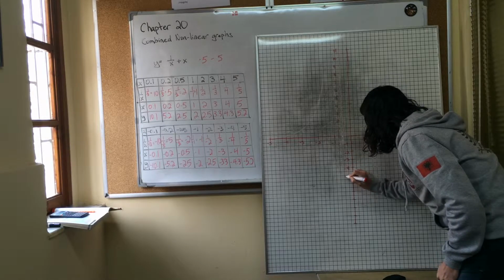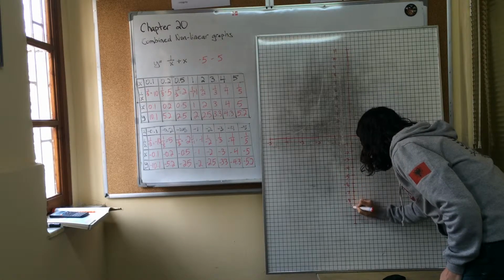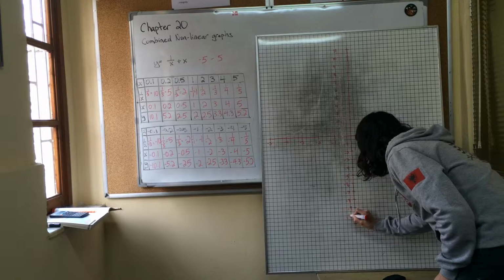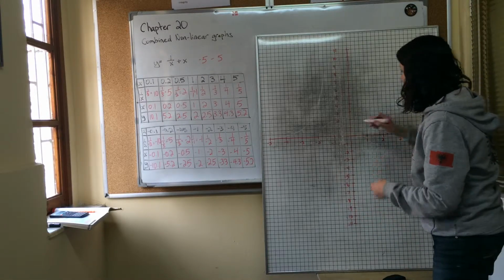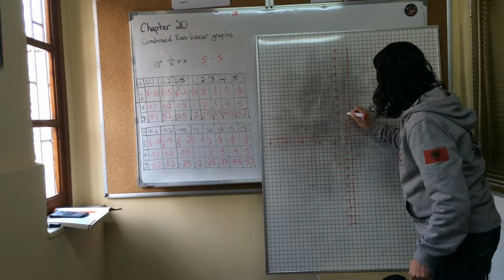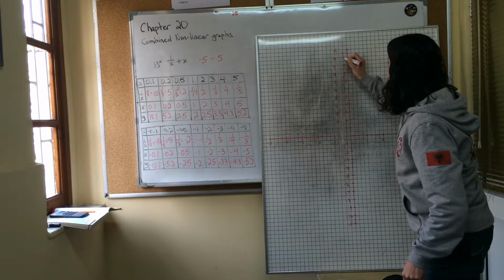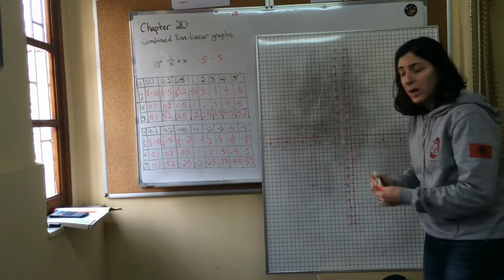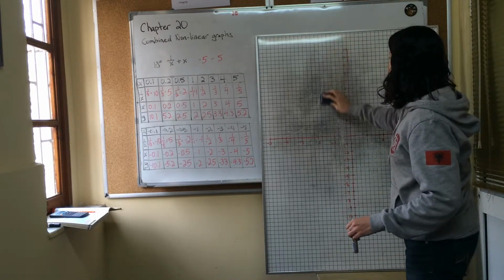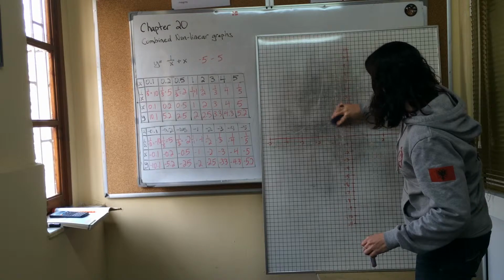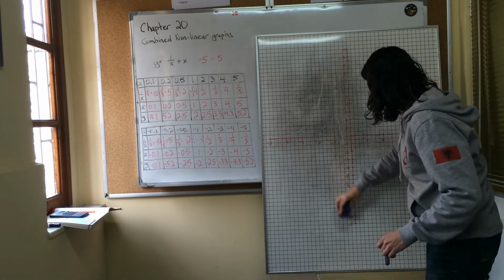Again, when you're doing this, if it's crowded, don't feel like you need to number every single value, because sometimes if you label every single value, then it's difficult to see what's happening. Well, we might as well go ahead and label this one closely too. 5, 6, 7. If I was counting by ones, I would not have labeled every single spot. But because I had a space in between them, I went ahead and labeled it to save me from having to count every single time when I was plotting the points.